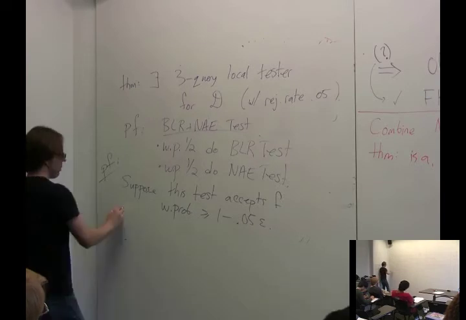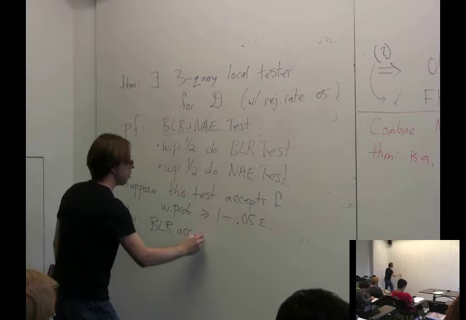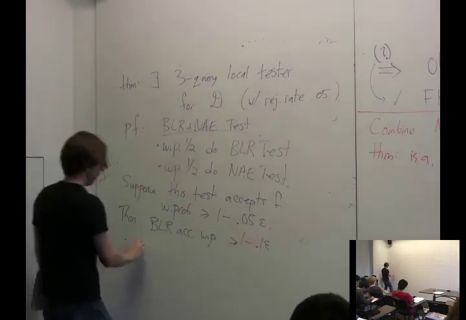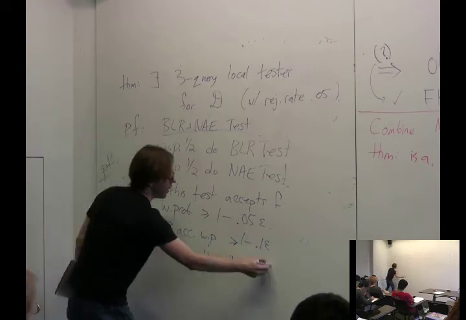Then I claim the BLR test accepts with probability at least 1 minus 0.1 epsilon, and the NAE test accepts with probability at least 1 minus 0.1 epsilon.